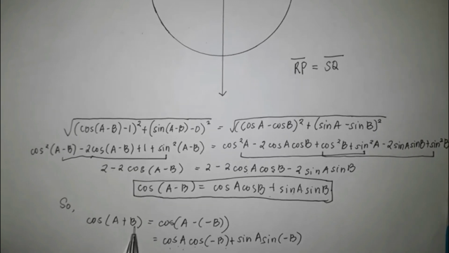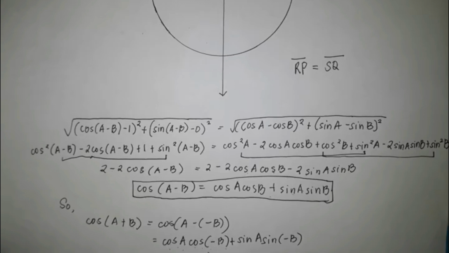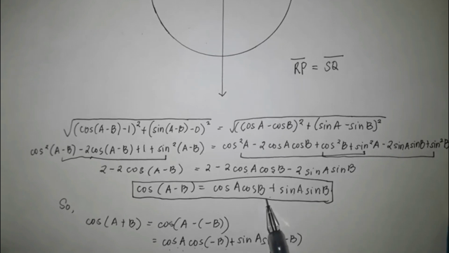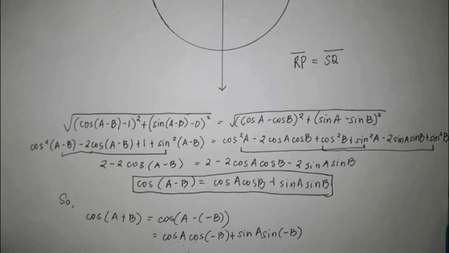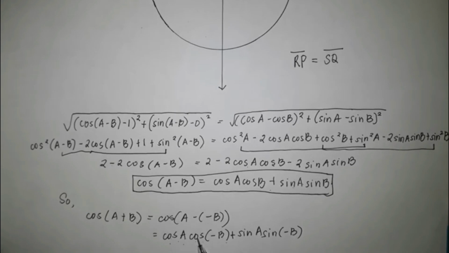Negative B is now our second angle, so all you have to do is substitute negative B into the cosine difference identity. The result is cosine A cosine of negative B plus sine A sine of negative B.